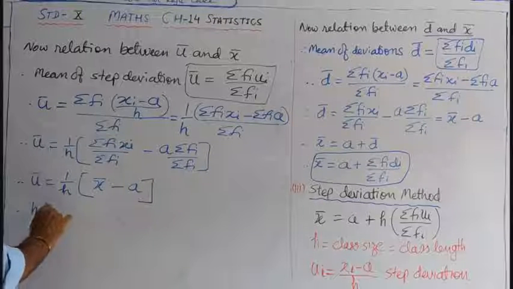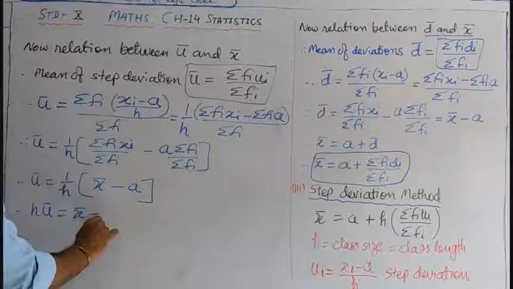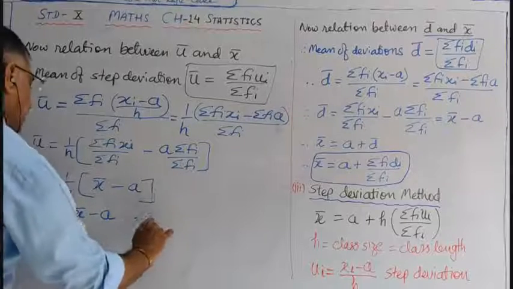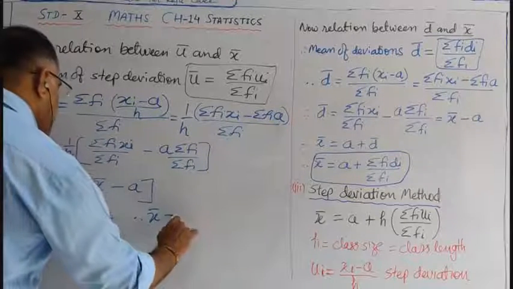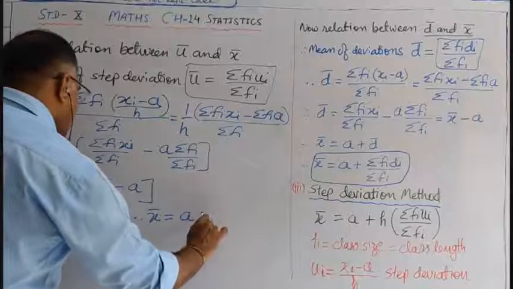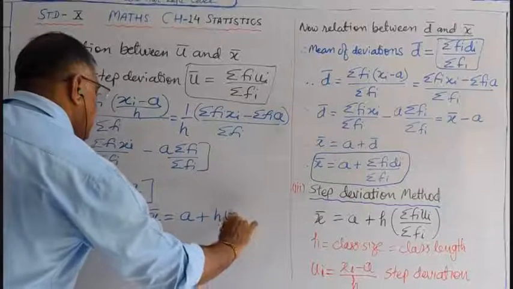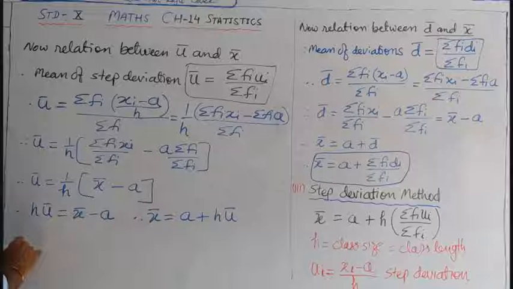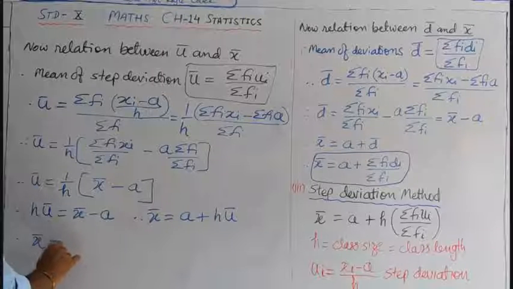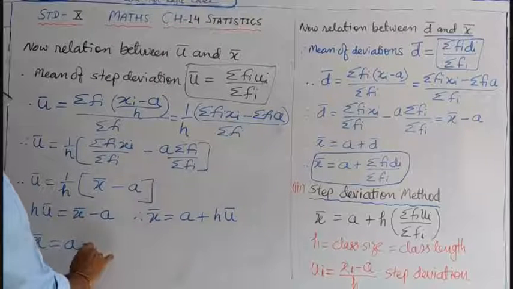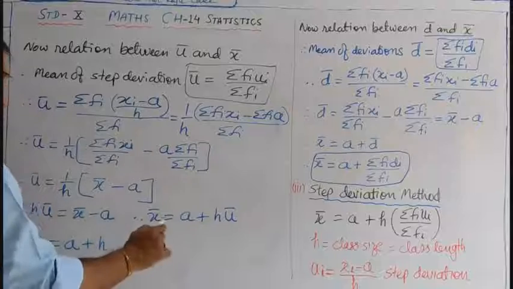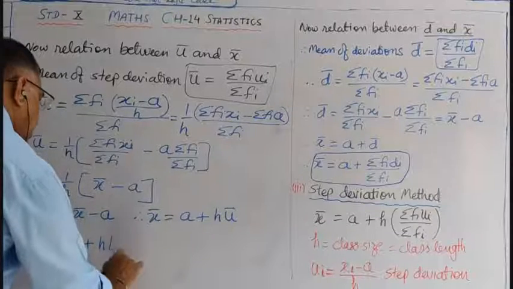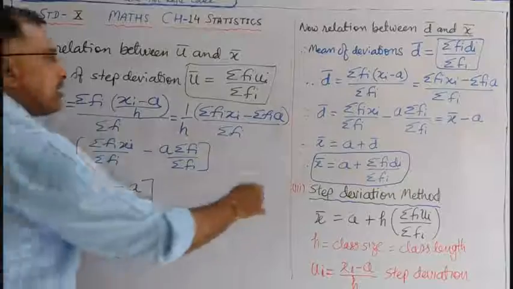we will get u bar is equal to x bar minus a, and therefore x bar is equal to assumed mean plus h multiplied by u bar, and therefore finally we will get x bar, that is mean, is equal to assumed mean plus class size or class length multiplied by mean of the deviation.